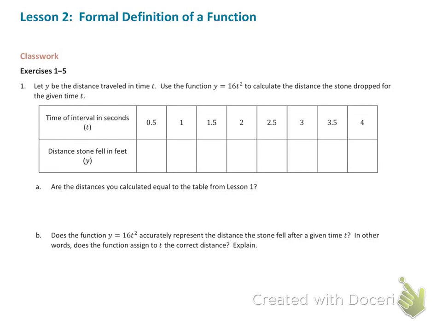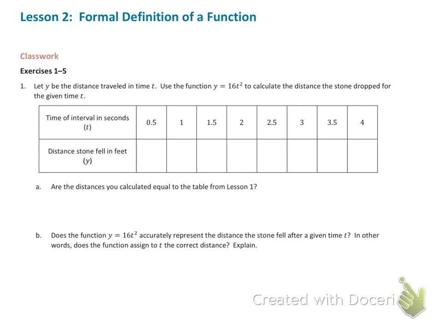Okay, now find exercise 1 in your classwork, in your notes. And we're just going to work out exercise 1 together. If you want to use a calculator for this, you can. We'll do the first one together, and then I'll let you work on the rest of them. So we're letting y be the distance traveled in time t.